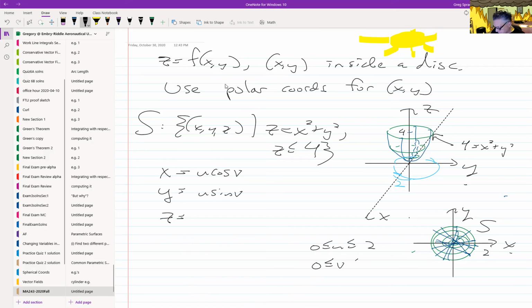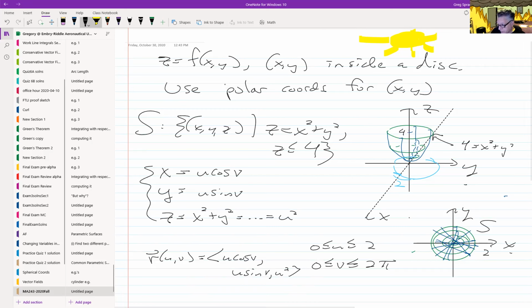So v goes from 0 to 2 pi. z is x squared plus y squared, and by the magic of trigonometry, that simplifies to u squared. Once I have parametric equations, I can make a vector out of them. I get u cosine v, u sine v, u squared. And there it is.